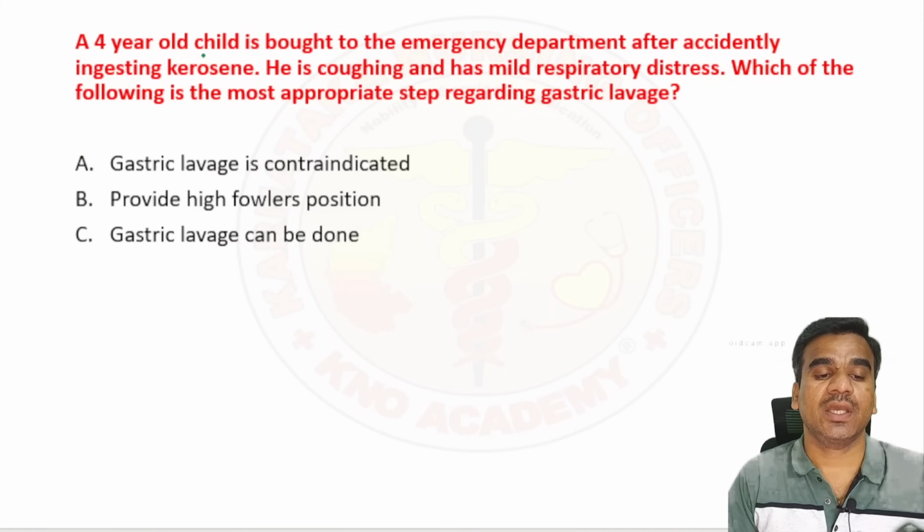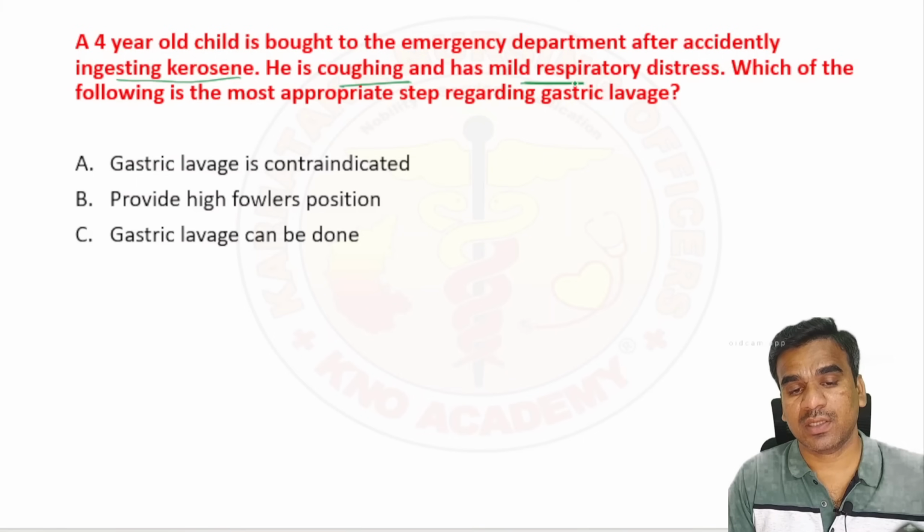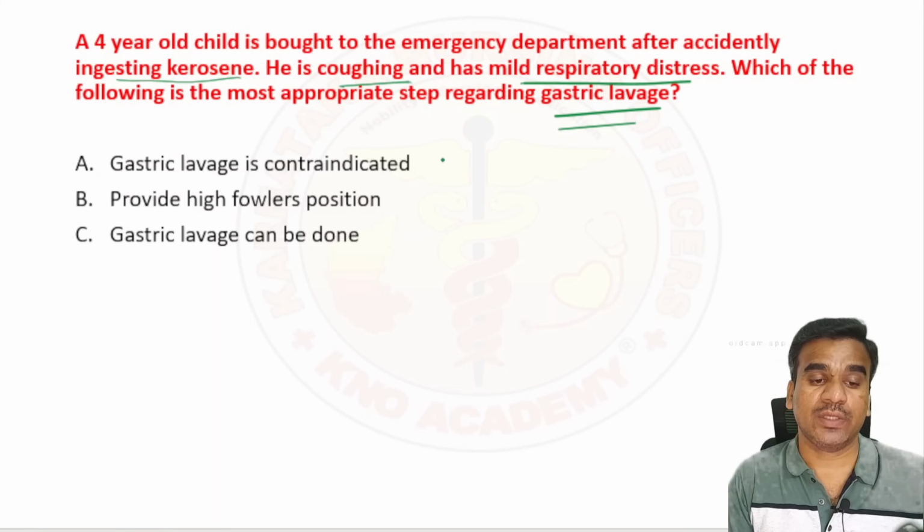And next question: a 4-year-old patient is brought to the emergency department after accidentally ingesting kerosene. He is coughing and has mild respiratory distress. Which of the following is the most appropriate step regarding gastric lavage? Gastric lavage is contraindicated, or provide high Fowler's position and gastric lavage can be done?